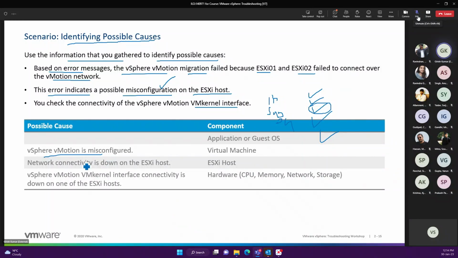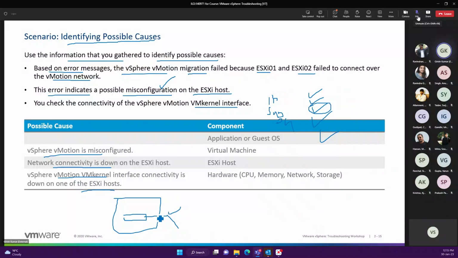Possible causes: network connectivity is down on the ESXi host, or the vMotion VM kernel interface connectivity is down on the ESXi host. The physical adapter has no problem. But inside the switch you have many virtual adapters in the form of VM kernel ports: vmk0, vmk1, vmk2.